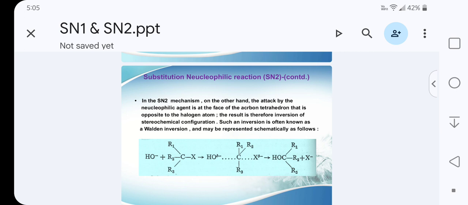The alkyl halide and the alcohol in the product both have inversion of configuration. The position that was occupied by the halogen is now occupied by the incoming nucleophile, OH minus in this case. So these two have exactly opposite configuration, and it is called a Walden inversion.